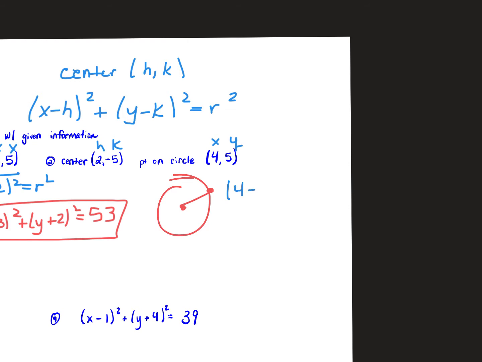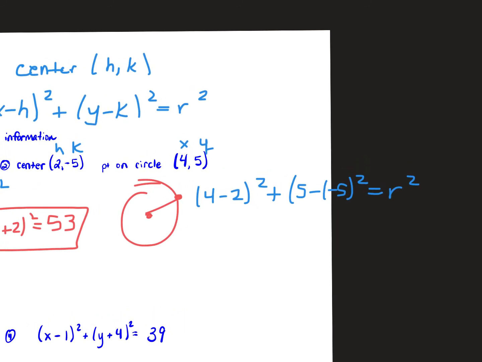So I'm going to say (4 - 2)^2 + (5 - (-5))^2 = r^2. So as we simplify, 4 minus 2 is 2 squared, plus 5 minus a negative gives me plus, so 10 squared equals radius squared. 4 plus 100 equals radius squared. 104 equals our radius squared. So your radius is the square root of 104.